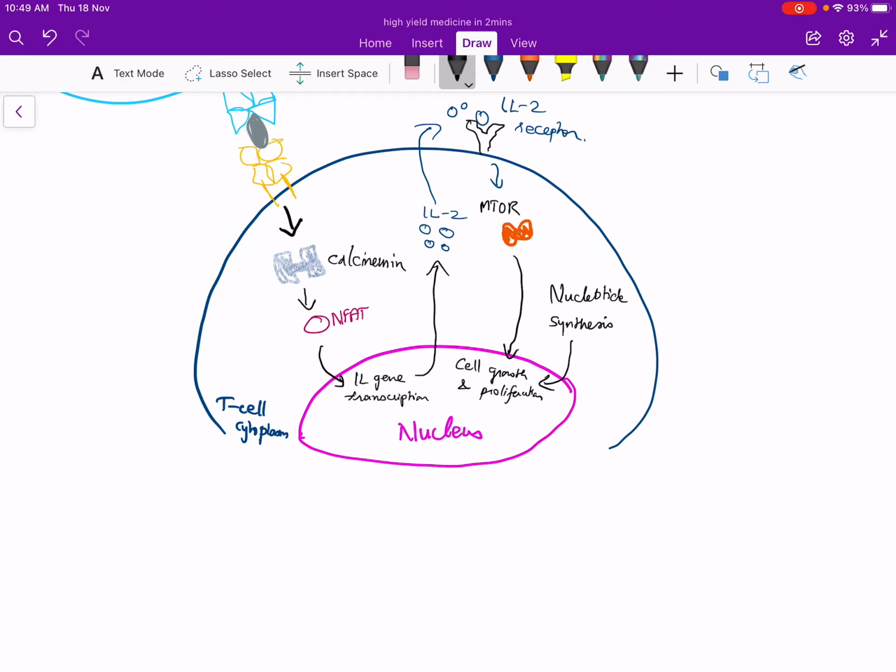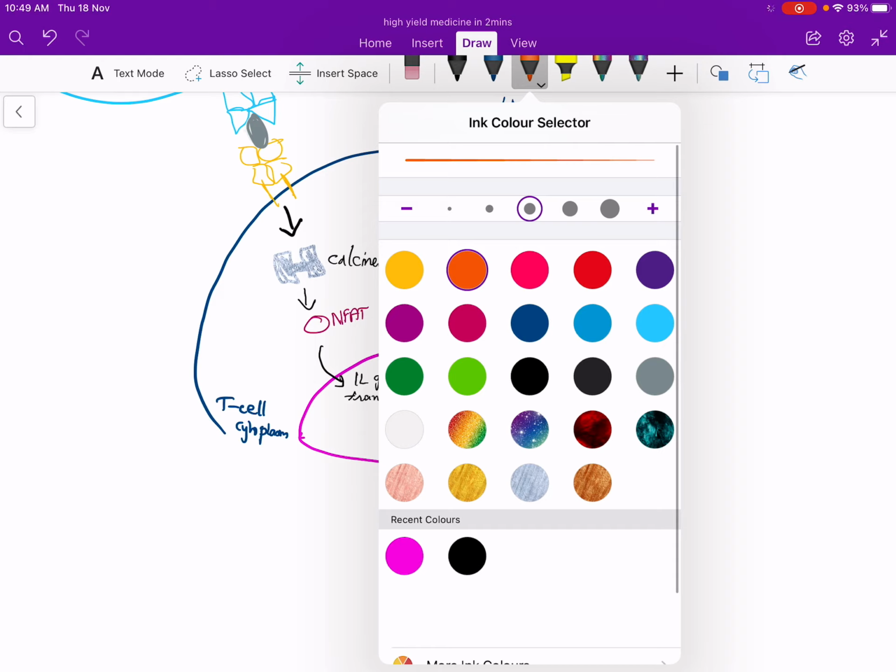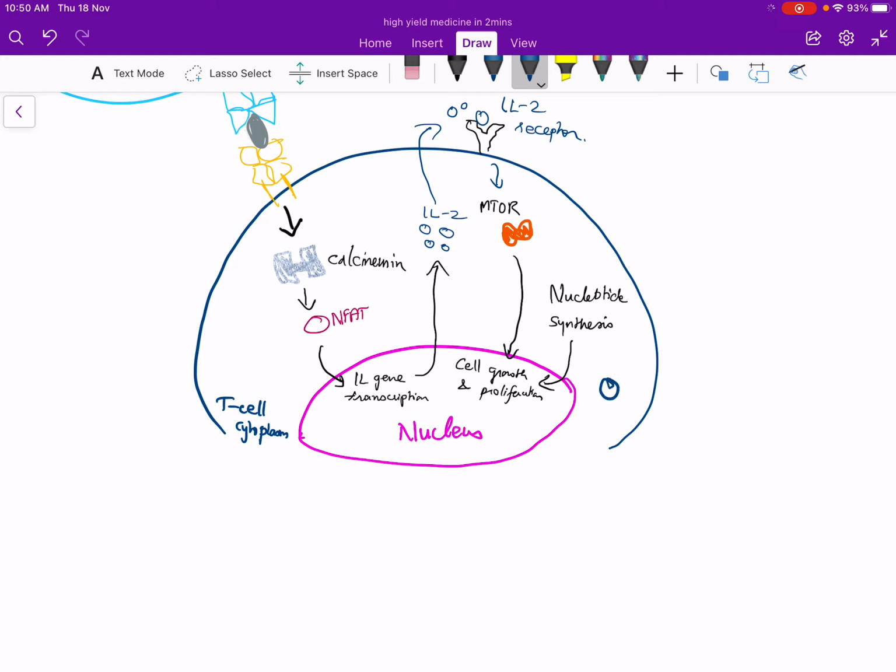And the last thing to add here is NF-kappa B. NF-kappa B is nuclear factor kappa light chain enhancer of activated B cells. NF-kappa B would also go inside the nucleus, and in the nucleus it will cause inflammatory gene transcription.